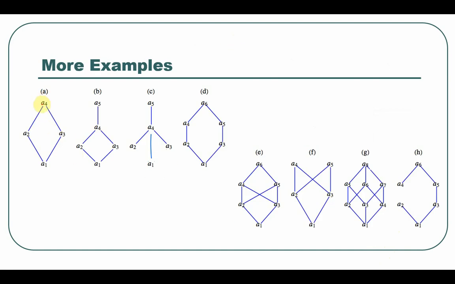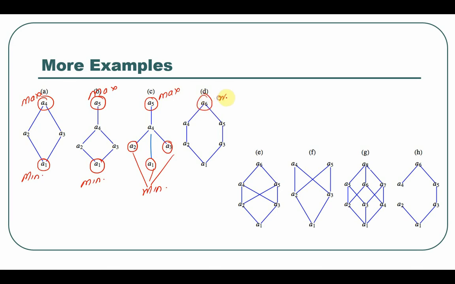Say in this particular case, this is the minimal element, this is the maximal element. Similarly here, this is the minimal element, this is the maximal element. This is the maximal element, and in this case, all three of these will be minimal elements.